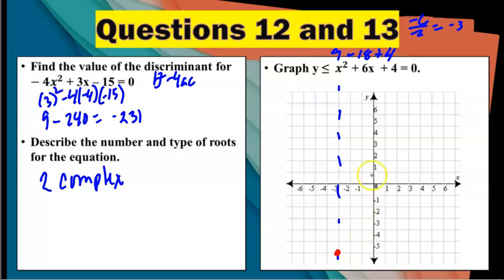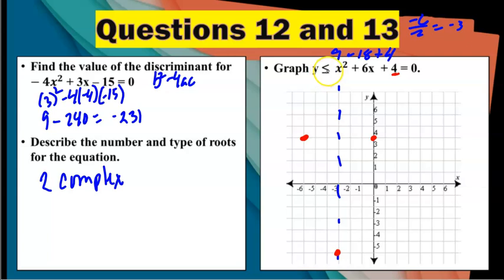Then I'm going to use the c, because that's my y-intercept. So I'm going to put a point at 4. That would be here. Since I went 3 steps to the right of the axis, I can go 3 steps to the left. I have my 3 points.